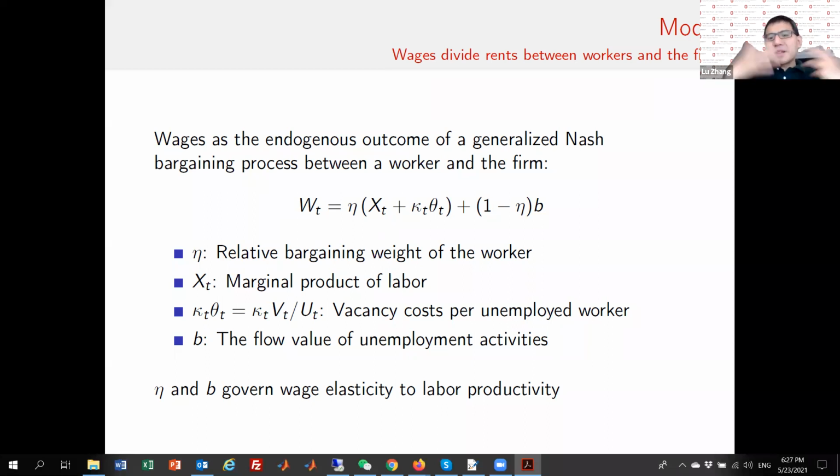I know in the macro labor literature, there are more elaborate models for inertial wages, but the fact is that even in the commonly called flexible Nash setting, wages are actually inertial as well, especially relative to frictionless labor market wages, in which wages are simply proportional to the output on the Cobb-Douglas production function.